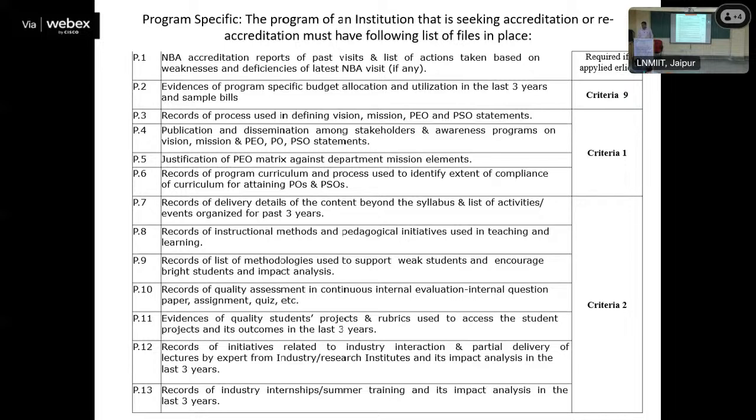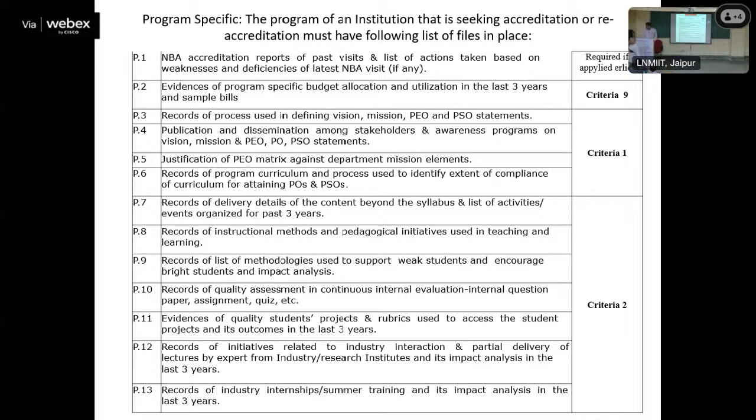And whether those processes were approved in the departmental meeting or not. They will ask for the minutes of the departmental meeting for sure, because you are going for the first time. So the main thing is that if the process is good, then they have more trust.